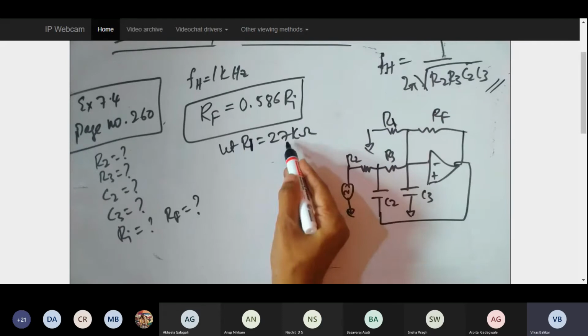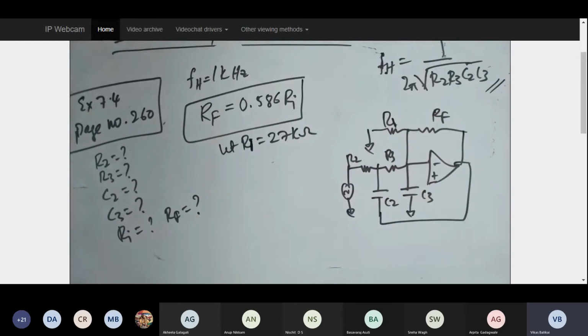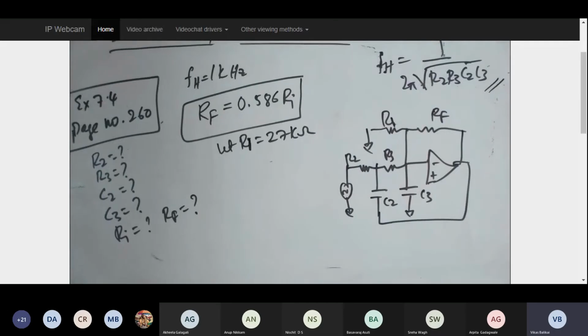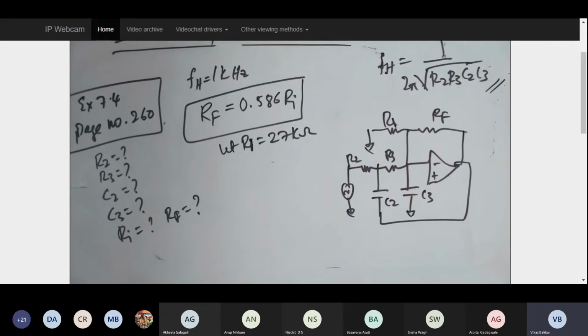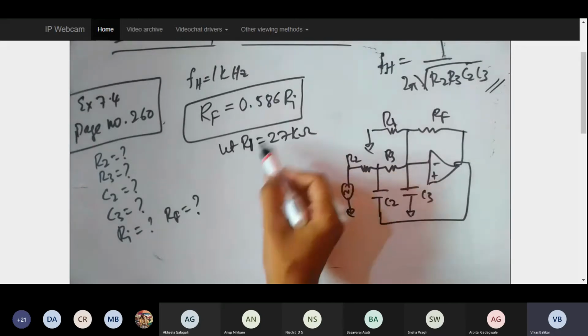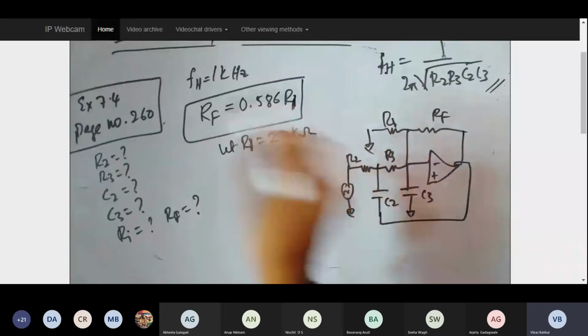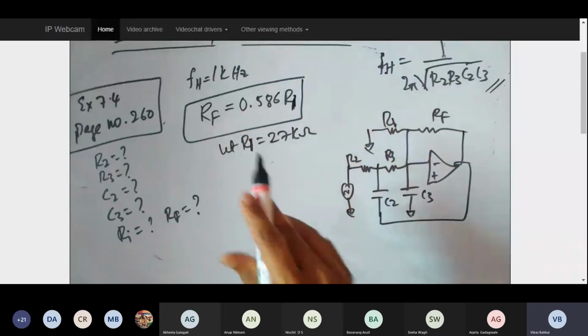Now again you may ask, why such an odd value? Why not 30k? This is a proven numerical. This is an experimented numerical, and whenever he experimented with all these things, the better value in the design of this second order low pass Butterworth filter was to ensure the R1 value to be 27 kilo ohms and Rf value to be 0.586 times R1.